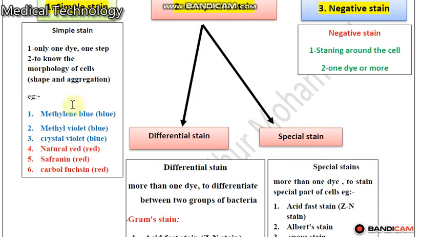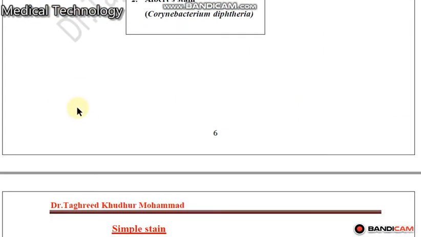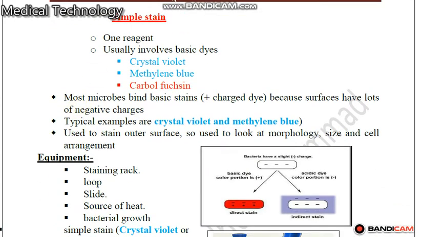Now we explain the procedure of simple stain to stain the bacteria. It is called simple stain because we use only one dye or only one reagent.